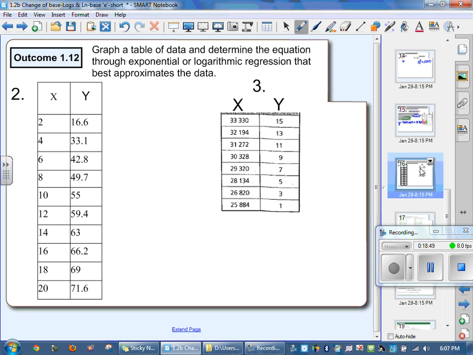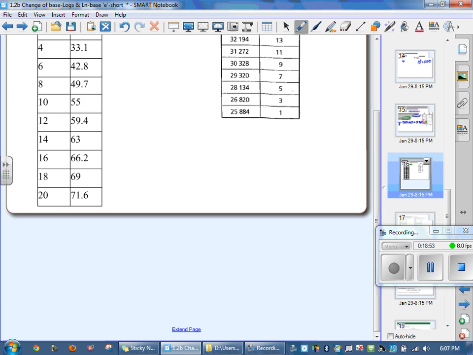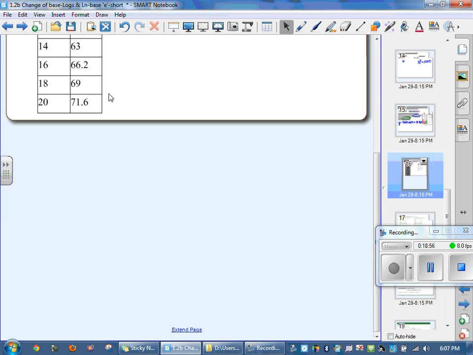So, example 2 is going to give me an equation of y equals 0.037 plus 23.872, and again, I put ln x at the end.